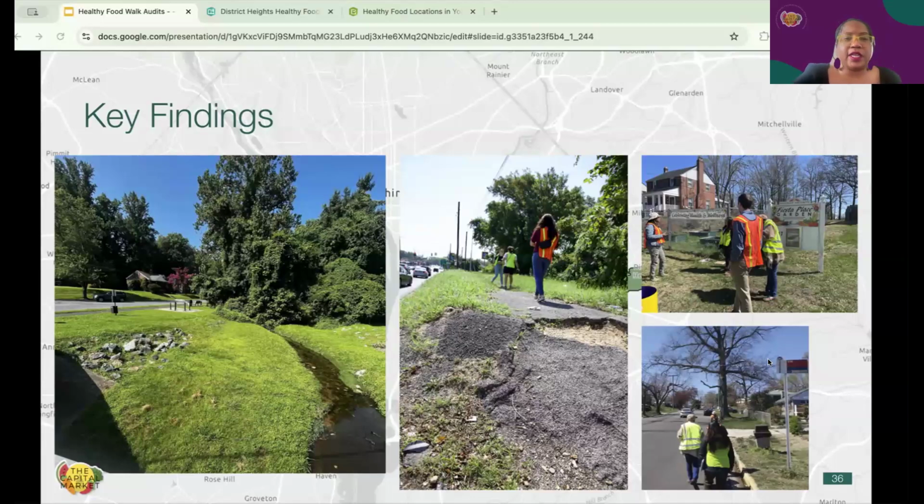And so what we see here, looking at these different images on this slide, we can see some of the conditions of the roadway. We have a bus stop, and the bus stop lacks shelter, so there's not a place to sit down if you're waiting for the bus. It makes it more difficult for you to navigate the community.